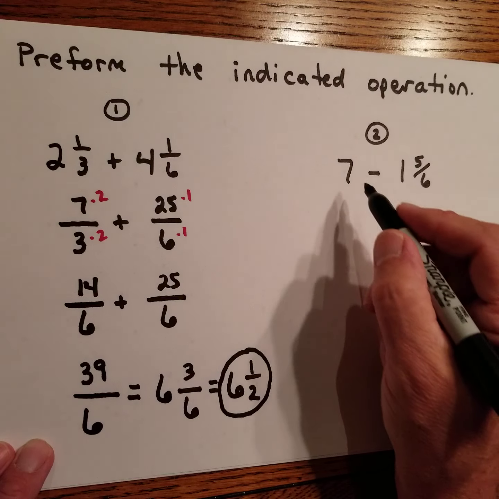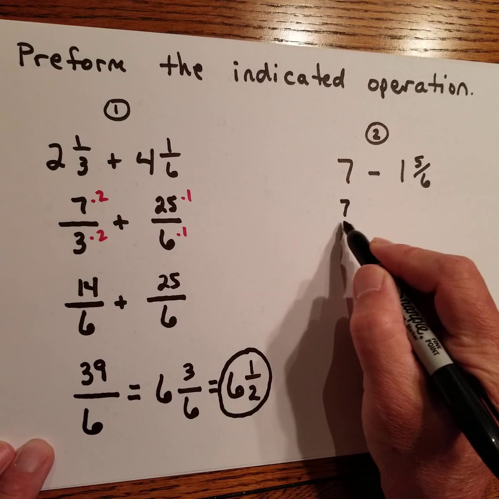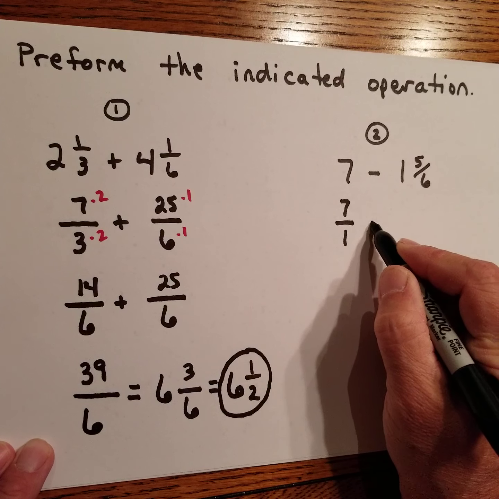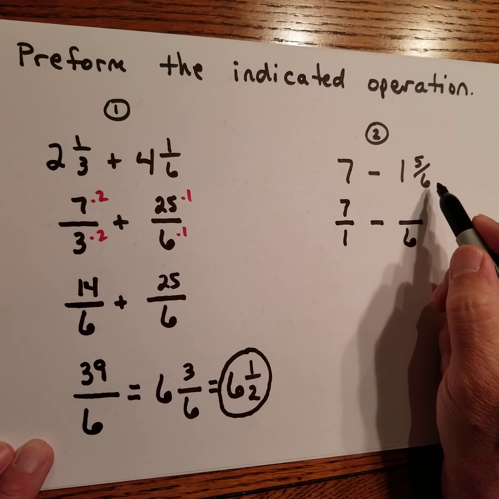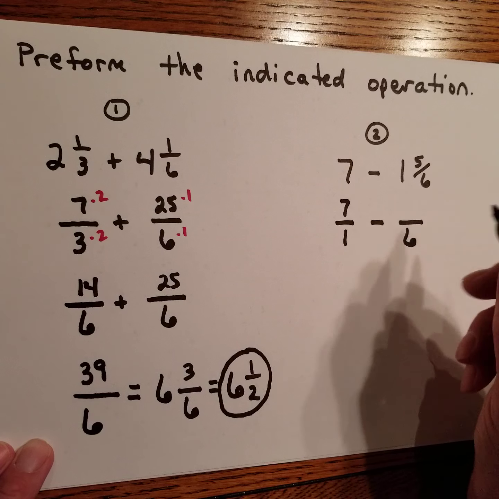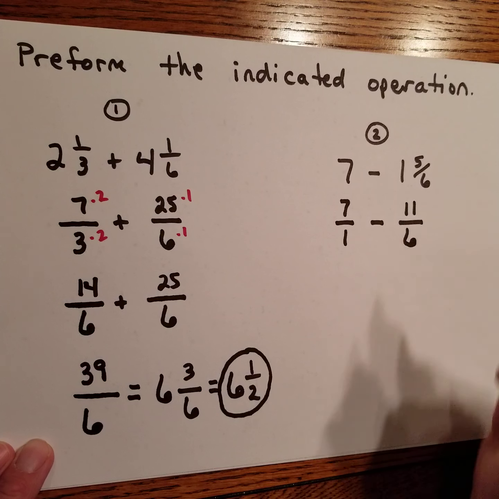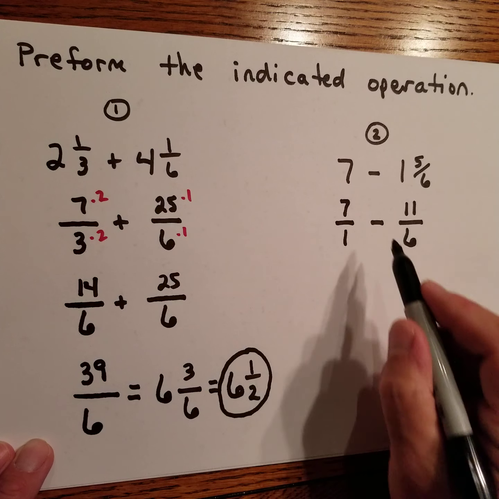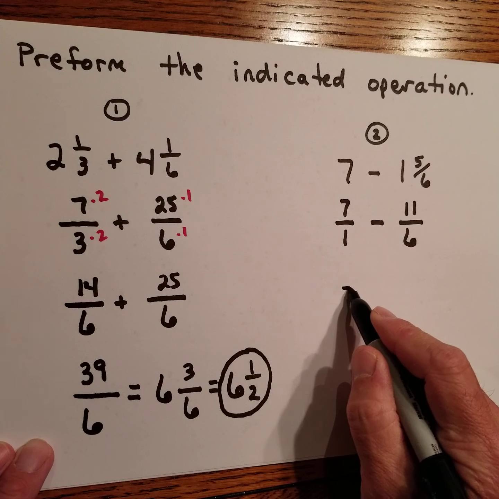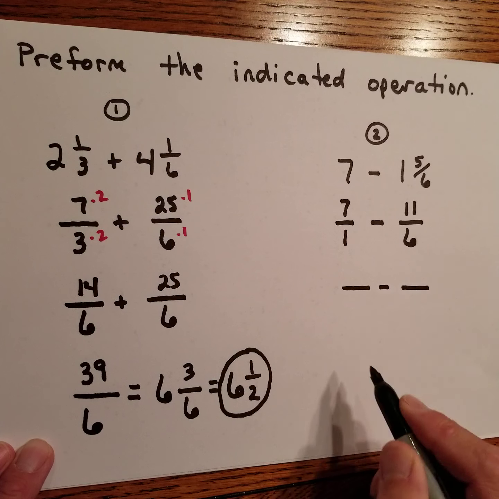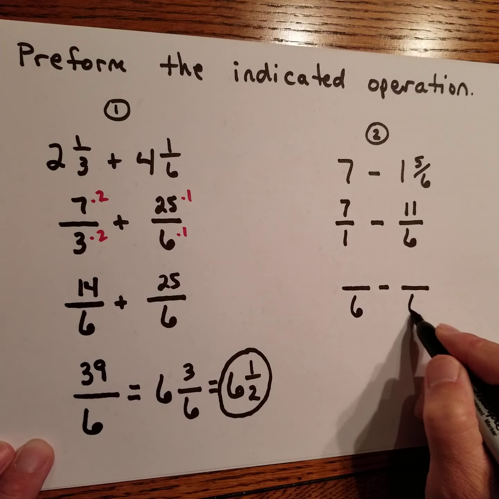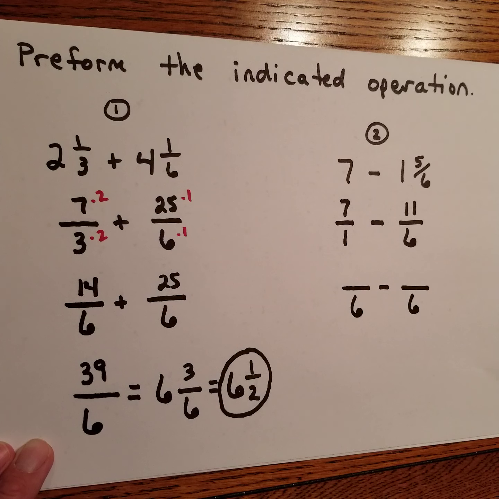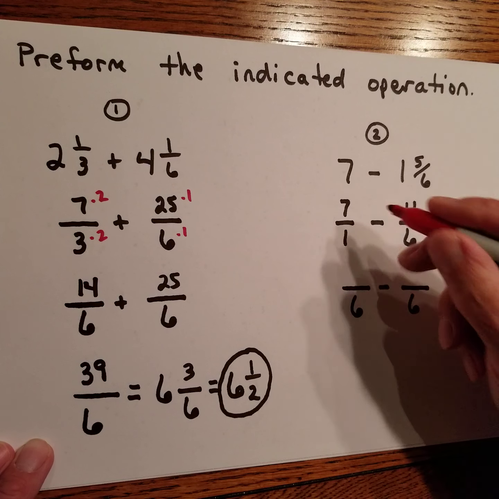In number 2, let me take the whole number 7 and make it look like a fraction by putting it over 1. Now change 5 1/6 into an improper fraction. When I subtract, I need common denominators. Since 1 divides evenly into 6, 6 works just fine. Numerators: what do you multiply times 1 to get 6?